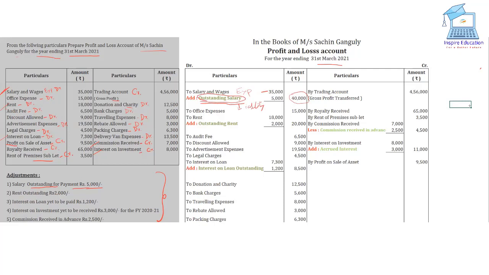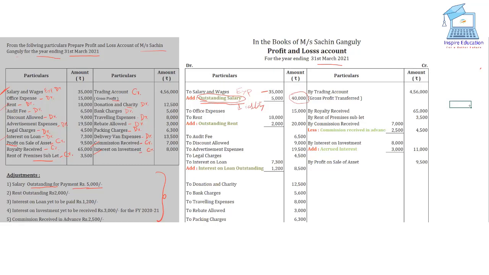In the balance sheet, on the liability side, we will show only the 5,000 because this is the amount which is outstanding, means yet to be paid, or you can say this is the liability. This is the amount which the business is supposed to pay. So the outstanding salary amount is the liability amount.